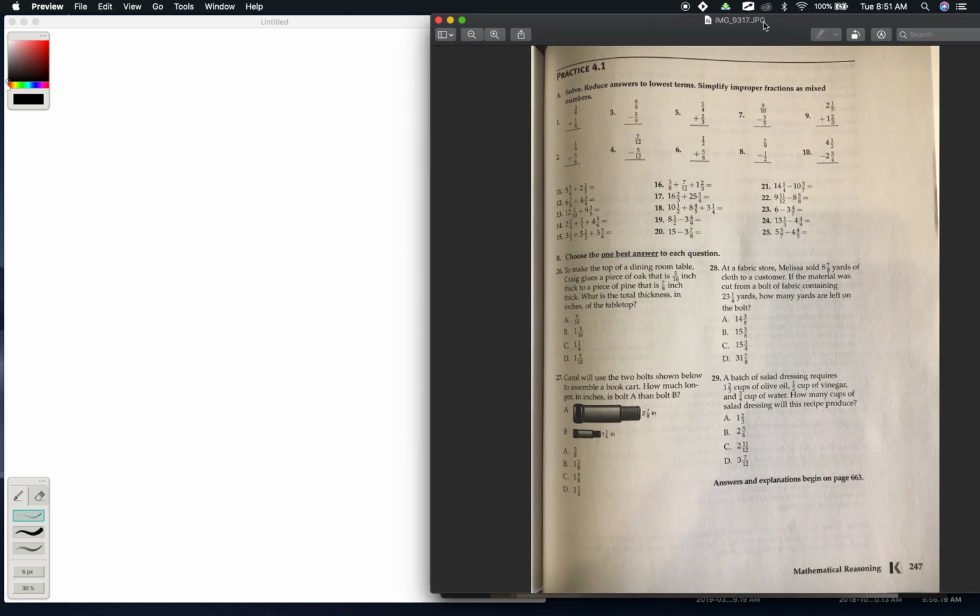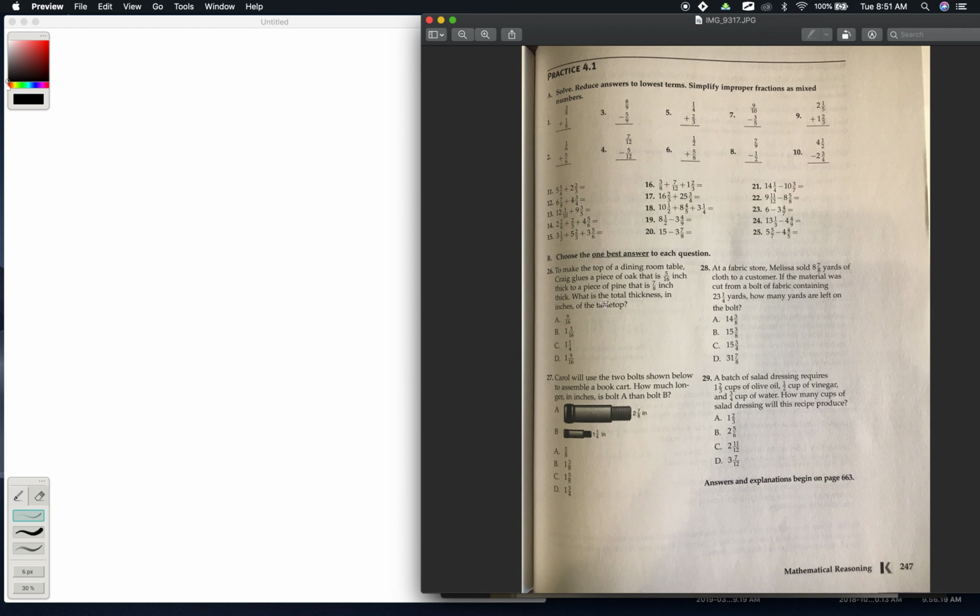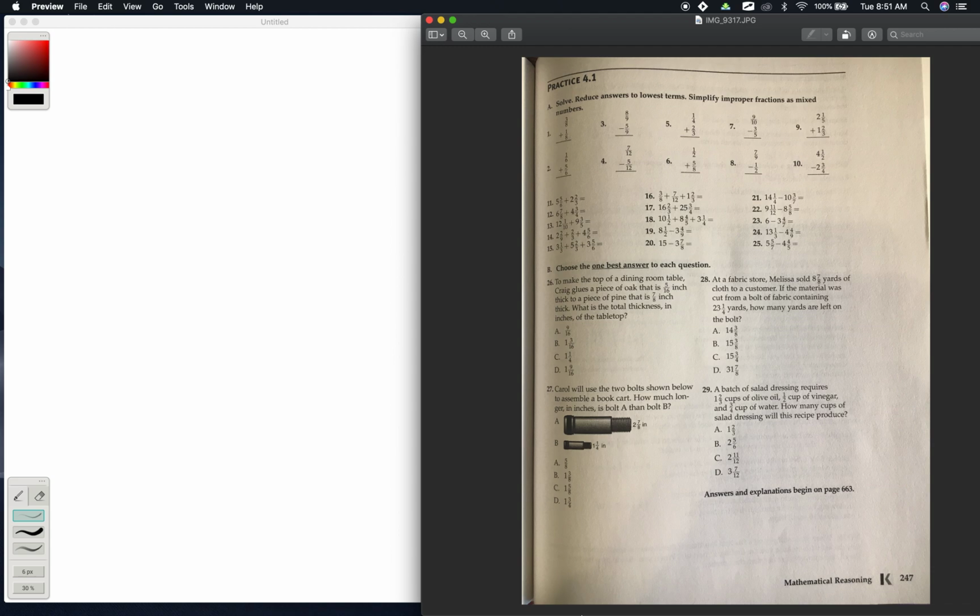Okay, so let me just expand this a tad bit. Okay, so we have solve. Reduce answers. Also, it's very important to read what it actually wants you to do and make sure you understand, because even as I was doing this, it kind of reminded me of that, because I was not reducing to the lowest term, for example.